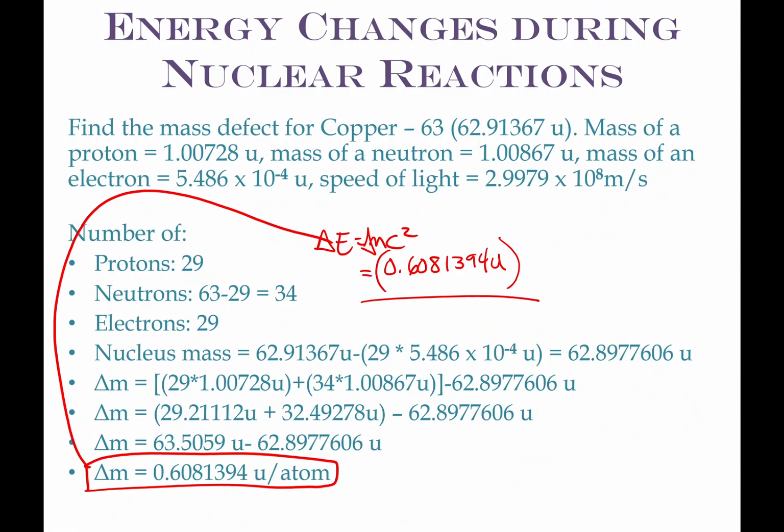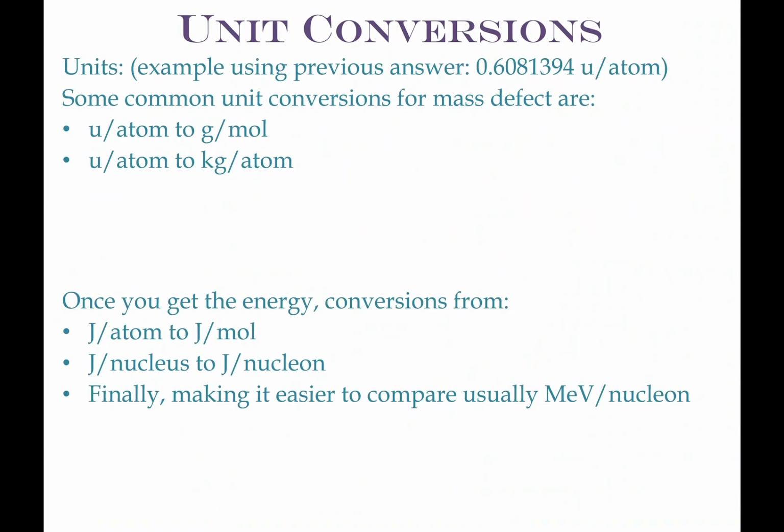So let's go on to the next slide and we'll look at some unit conversions that we might have to do. And if you're looking for these in this particular book, they're on page 908. Some common unit conversions you might have to do for mass defect, which we're going to start with, are U per atom to grams per mole, or U per atom to kilograms per mole.